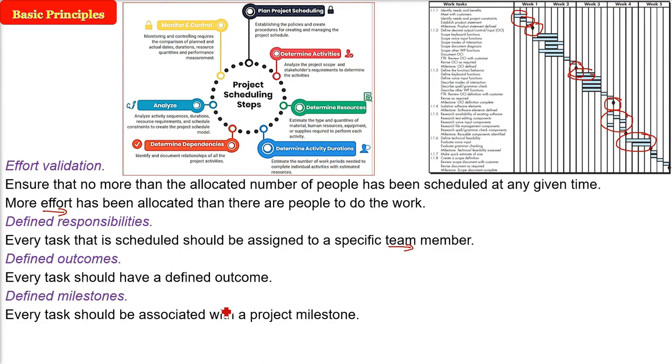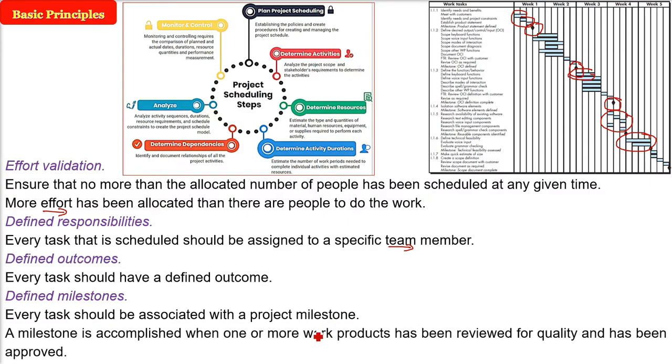Every task should be associated with a project milestone. What is a milestone? The project milestone is when one or more work products or outputs have been reviewed for quality and approved by the seniors, the review team and the quality people. Then we say, okay, we got the milestone.